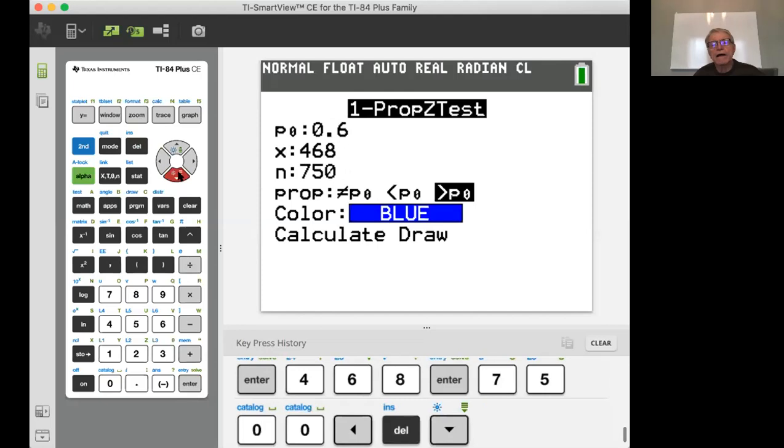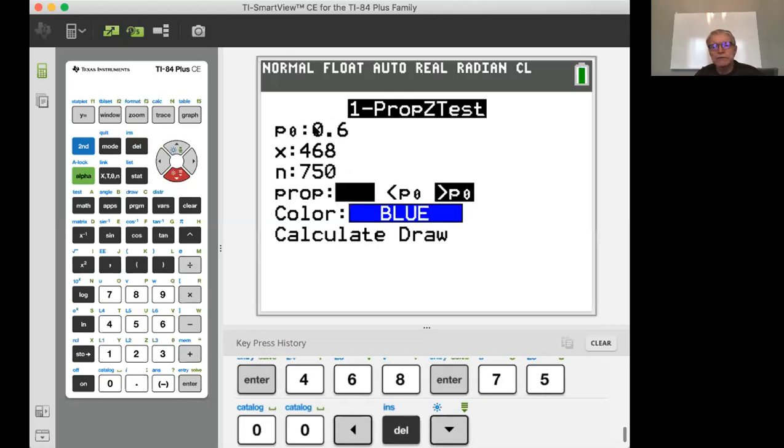And then the alternate hypothesis relationship. In here, p0 is the assumed value, so you're going to get that from the null hypothesis, H0. And prop is the alternate hypothesis. This was the null hypothesis, I'm sorry. p0 comes from the null hypothesis, and the alternate hypothesis gives us the relationship. It was greater than, so it's already highlighted, and we hit calculate.